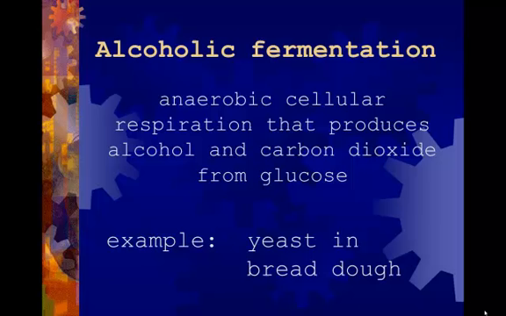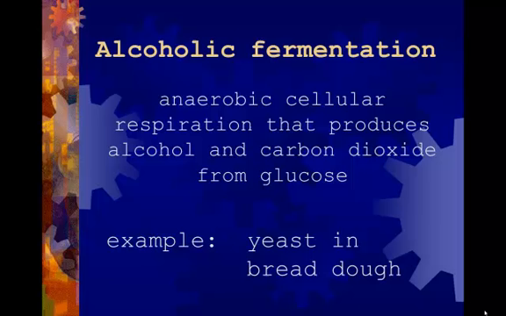Okay, let's look at alcoholic fermentation. The main product, of course, is ATP molecules. By the way, it's less efficient. Usually from one glucose molecule, at the end of fermentation, you only get like 15.